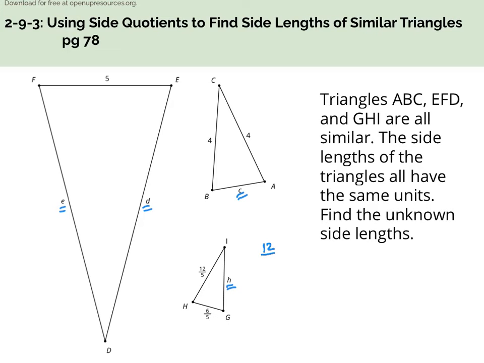So we have 12 over 5 divided by 4 is going to equal, and as you can see, I have 6 over 5 and then I have C. So 6 over 5 and then C, because we're looking for letter C. And remember, in 7th grade, we know that we can cross multiply and divide to do that. So let's do 4 times 6 over 5.